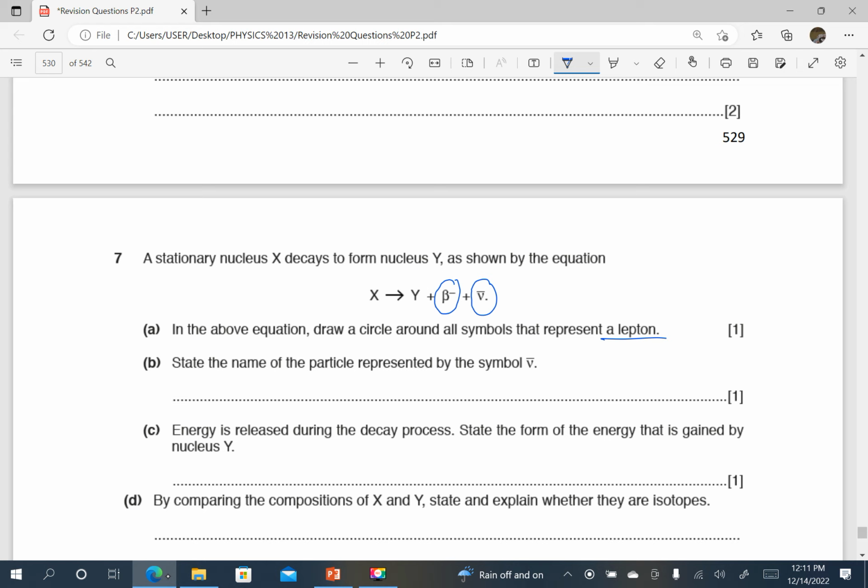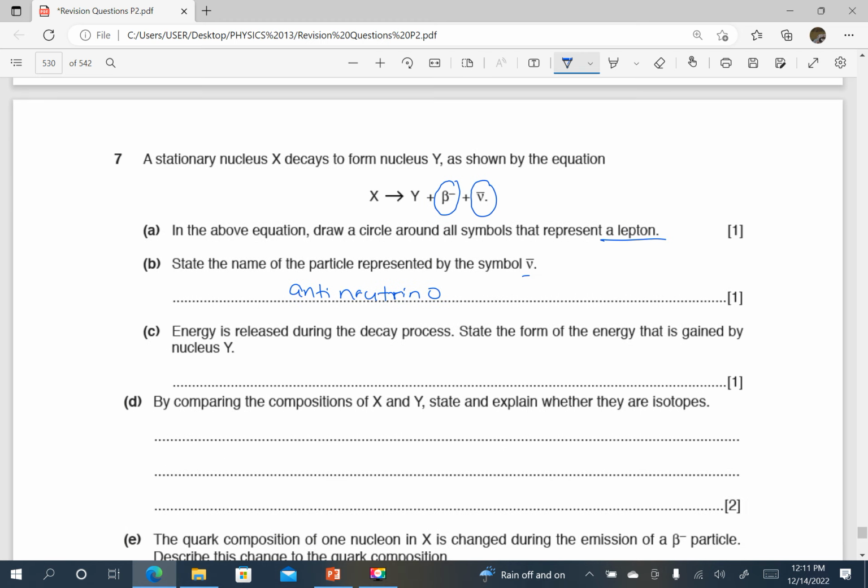State the name of the particle represented by the symbol. The symbol is an electron antineutrino, or simply antineutrino. Energy is released during the decay process.